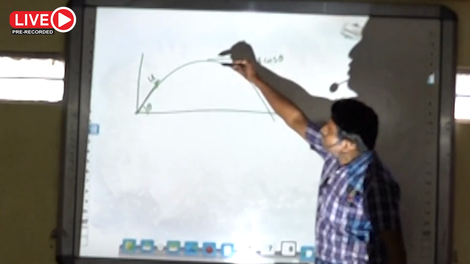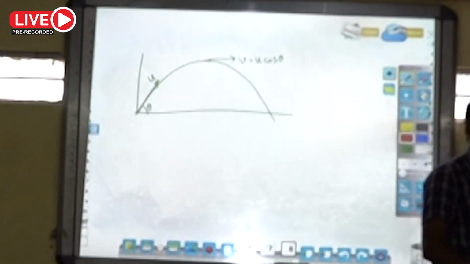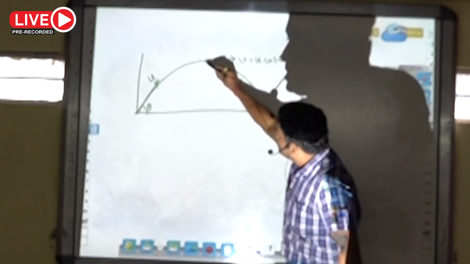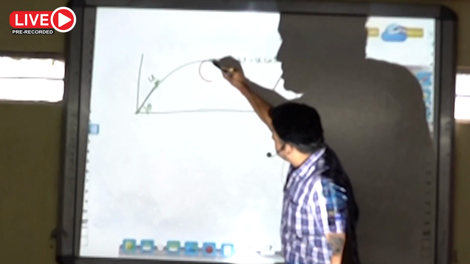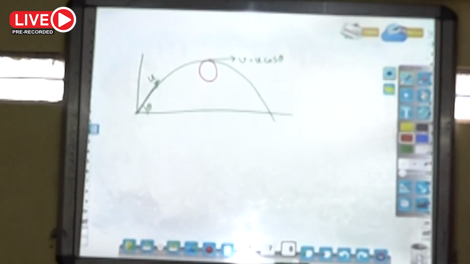Now near this topmost point we consider a small segment. Between those two red marks, the length can be considered a length of an arc of a circle. So no one can challenge. So at that point consider a circle. That circle's radius is called the radius of curvature.